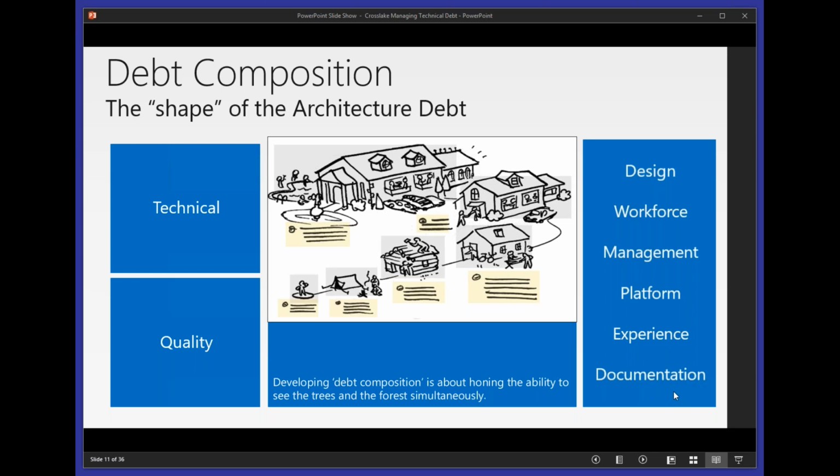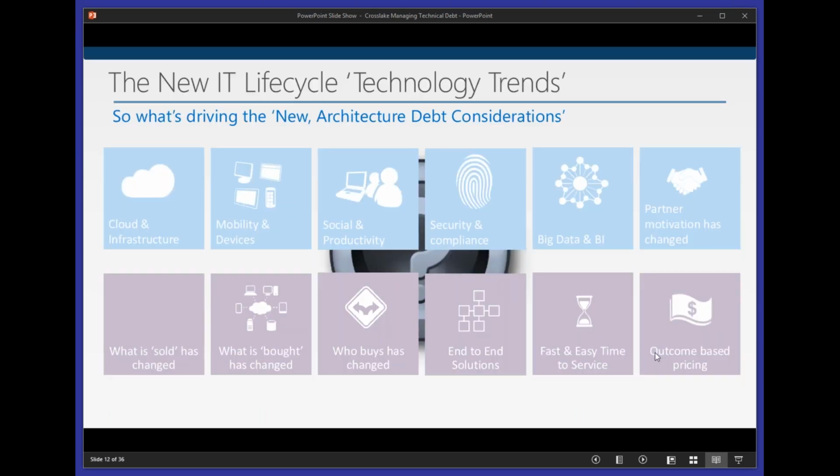Then it adds to a level of risk and technical debt that is often overlooked, because unless you have good documentation, it makes it very difficult to understand where the priority areas to remediate the unmanaged technical debt components come in. So all of these together is really the shape of architectural debt, and specifically the focused area of how to manage unmanaged technical debt within an organization.